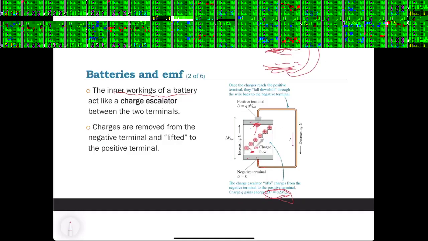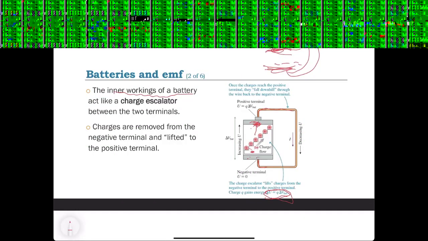If the charges reach the positive terminal, they fall downhill through the wire back to the negative terminal. Then the current is generated. Does it make sense to you? This is how the battery works.